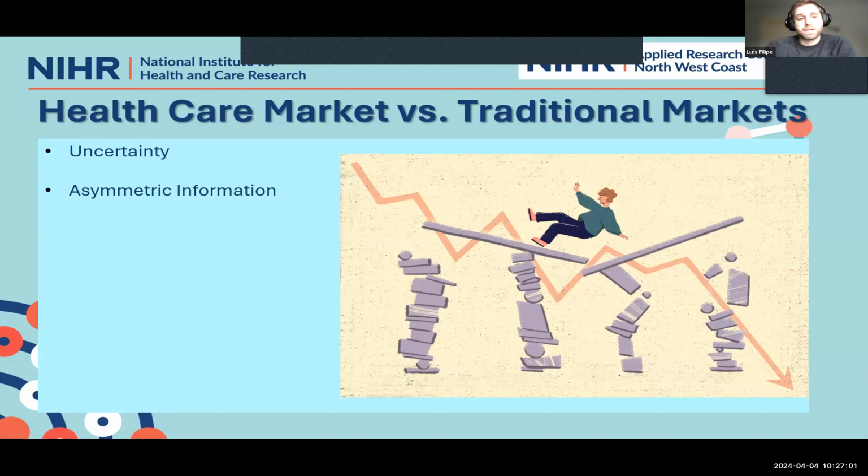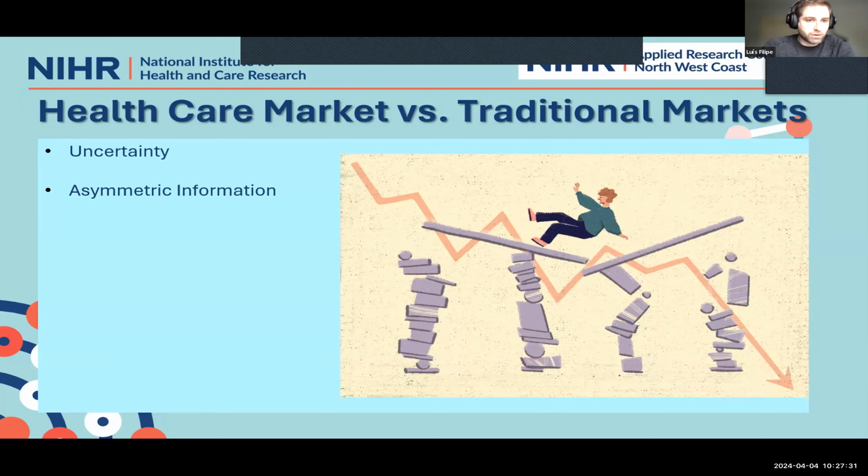Then you have, for instance, asymmetric information, of which there are two types. There's the asymmetric information in the sense that the patient knows better what the patient is feeling than the physician. But importantly, the physician knows a lot more about what to do with any information the patient gives him or her.